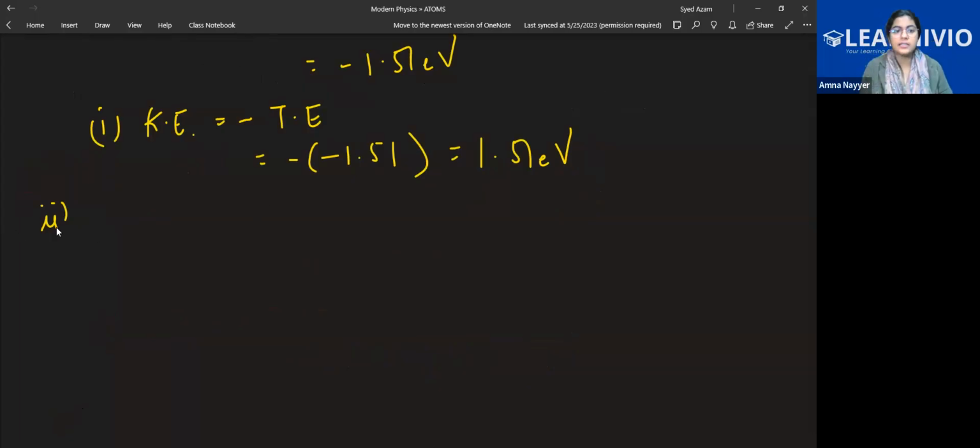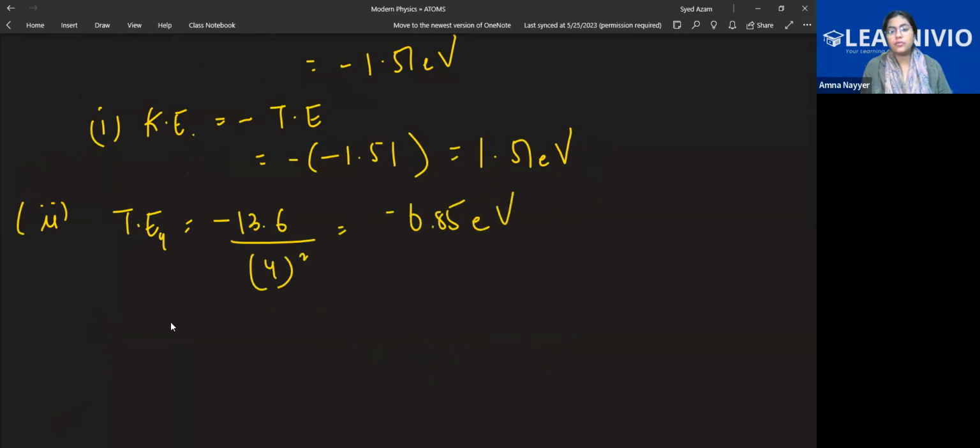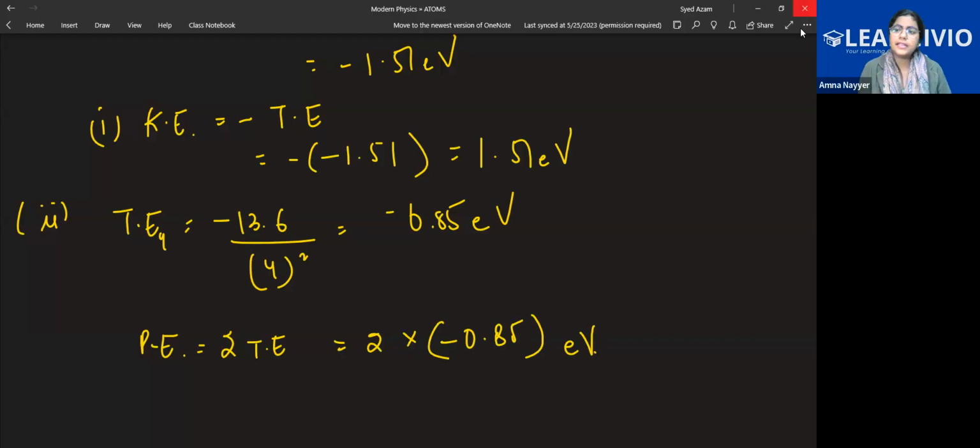So the total energy for the fourth will be minus 13.6 by 4 whole square. That is minus 0.85 electron volt. See, potential energy is double of the total energy. So just multiply this 2 with minus 0.85. Whatever you get will be the answer for the potential energy.